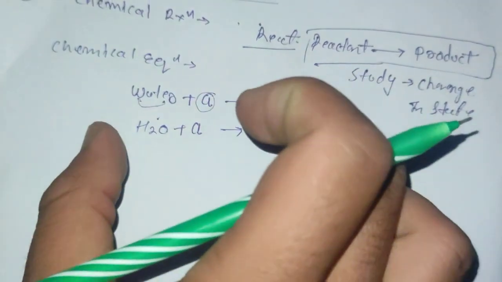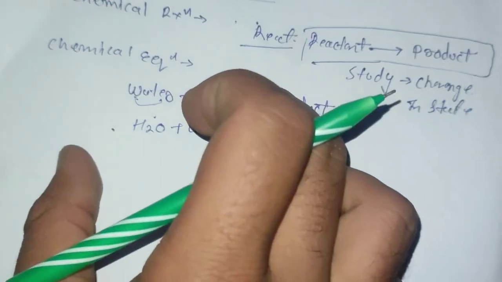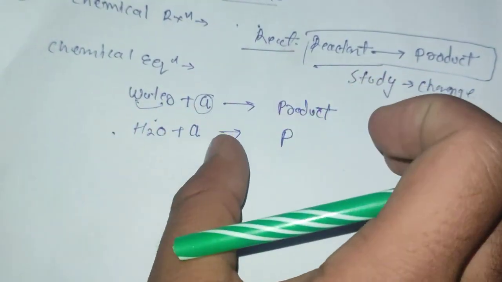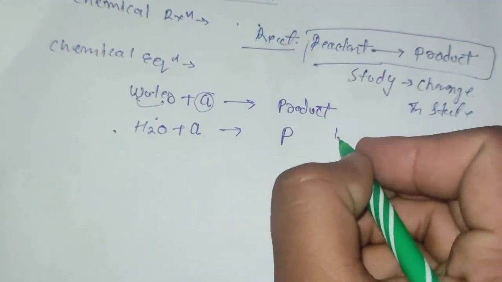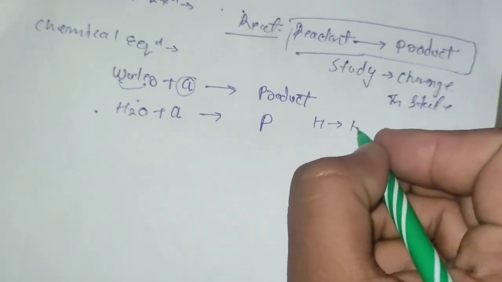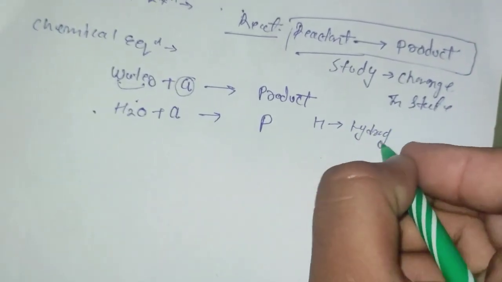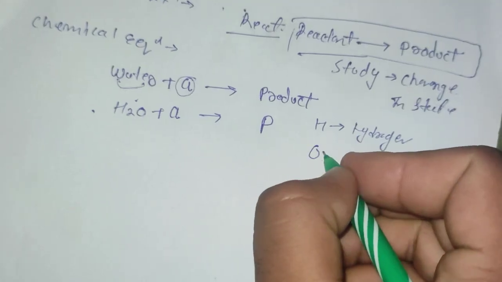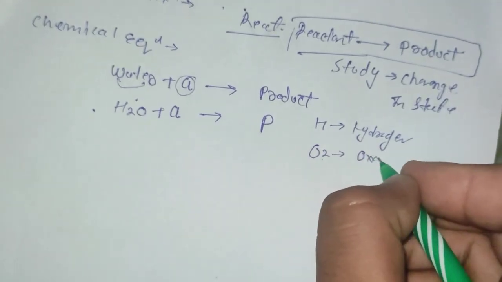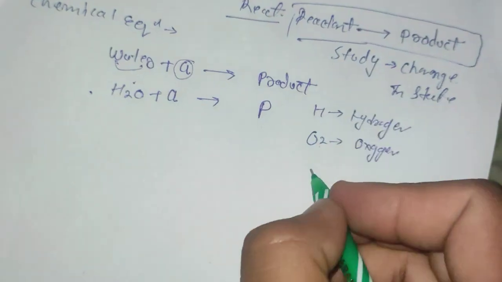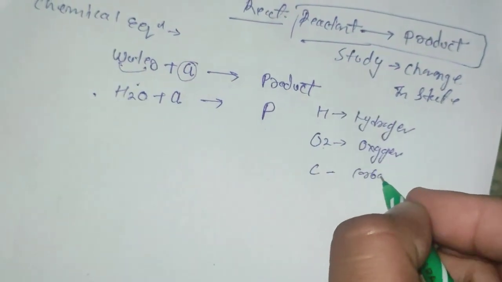We identify the elements involved in the reaction by their known symbols, like H for hydrogen, O2 for oxygen, and C for carbon.